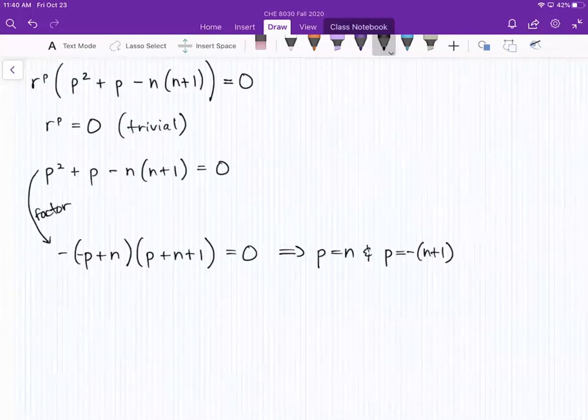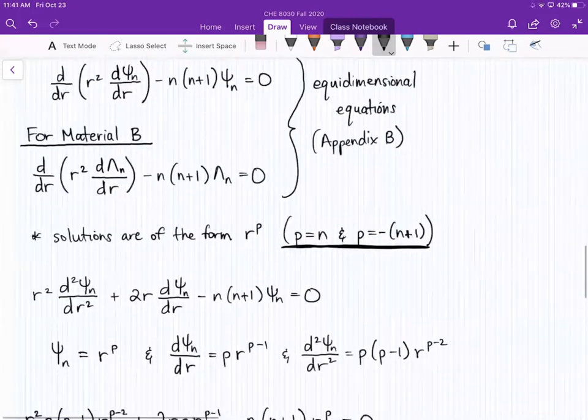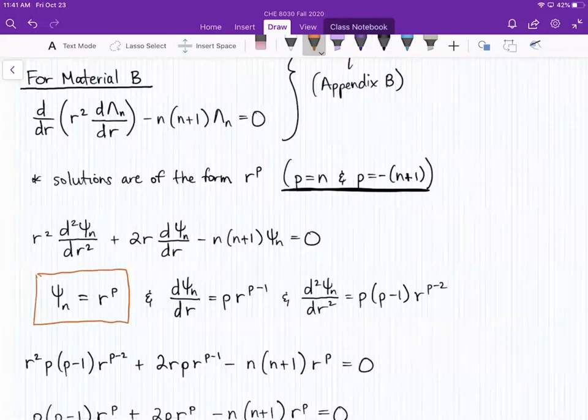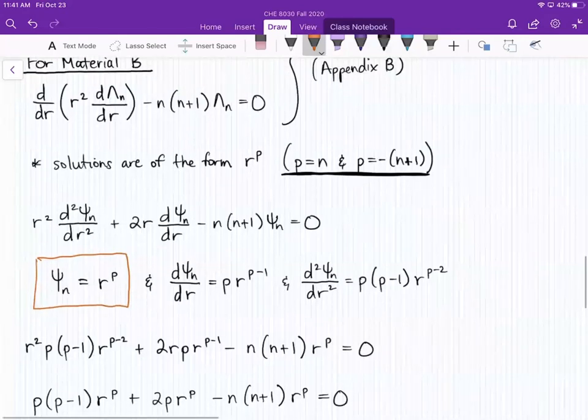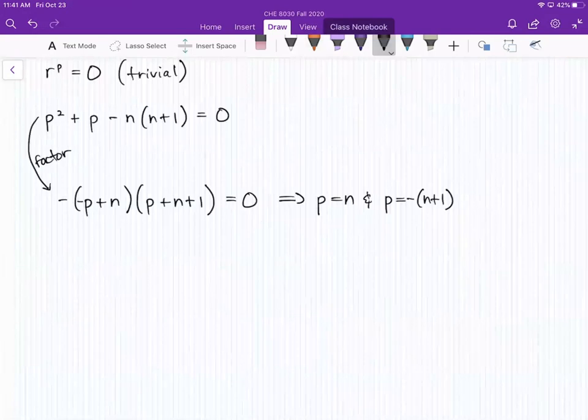Okay, now that I have those roots, I can plug that back in to my trial solution or proposed solution. When I do that, I end up with the following equation.